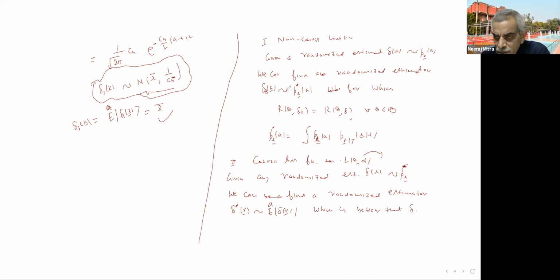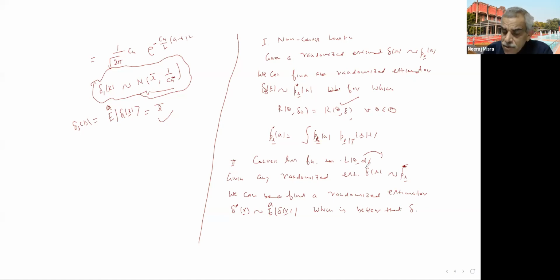So when the loss function is not convex, you cannot say anything except for the fact that if you are given a randomized estimator, I can find another randomized estimator based on a sufficient statistic whose risk is the same as that of our original estimator. That is the best you can do in the case where the loss function is not convex.